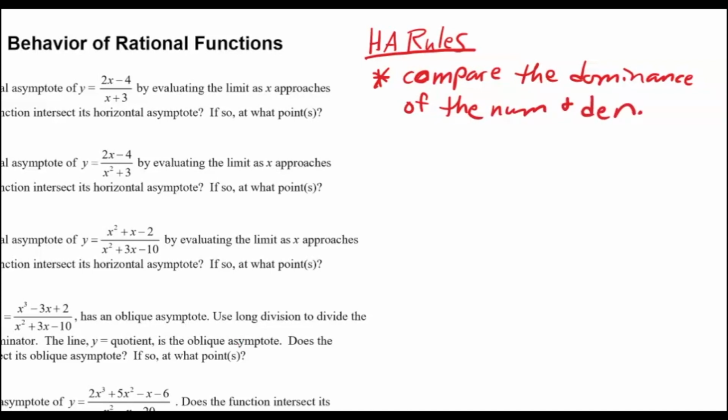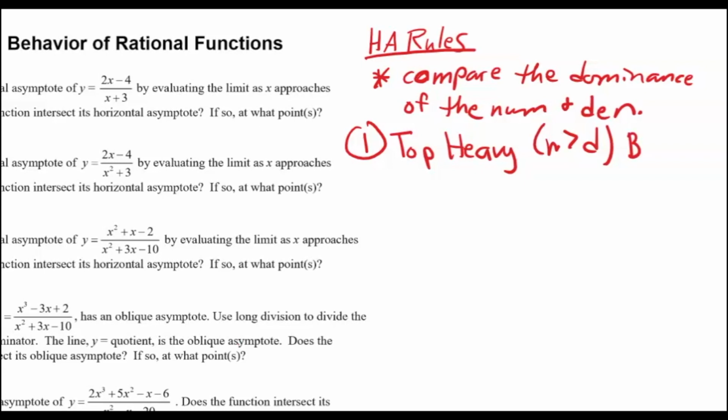Now, there's 3 ways that these can compare. The first way is what I call top-heavy. This is where the numerator's power is going to be bigger than the denominator's power. Now, there's an acronym for this that you can use, which is BO2.